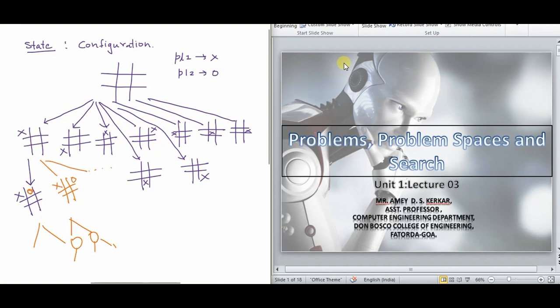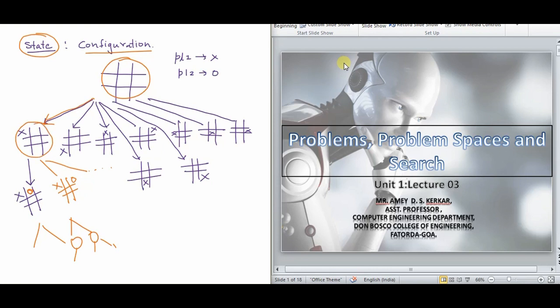Now I just told you what a state is. State is the configuration of the game at any point of time. So I can say that this is the initial state. What are the parameters of the initial state in this case? There are 9 cells on the 3x3 board and all 9 cells are empty or blank. Then after applying a particular move from the initial state, you go to the current state.